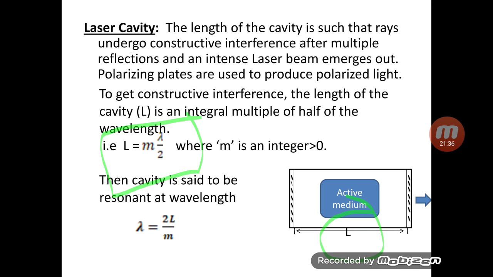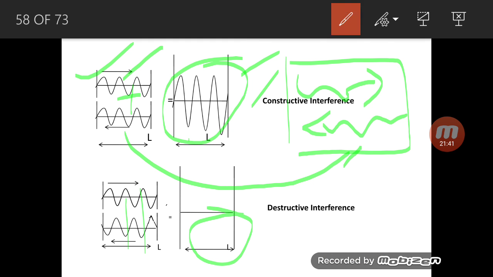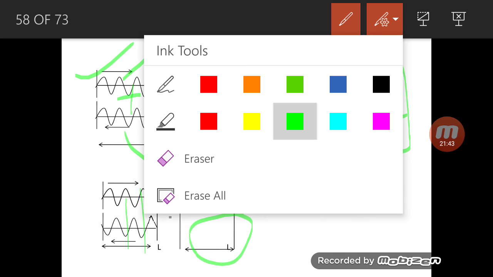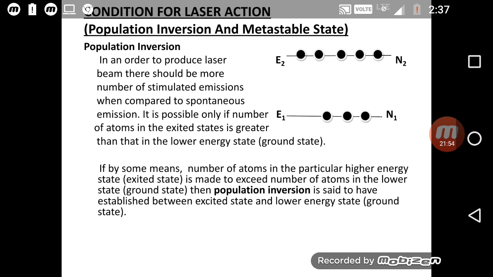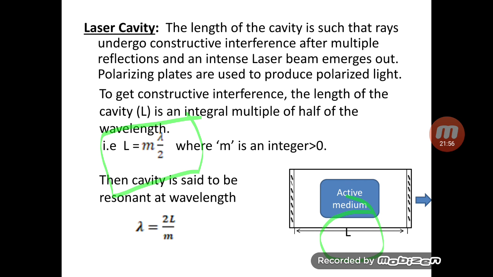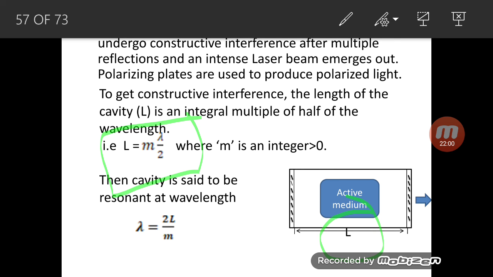When we achieve this condition, we say that the laser cavity is under resonance, and resonance is happening in the laser cavity, and it is vibrating with a certain resonating wavelength. That resonating wavelength is given by λ = 2L/m.